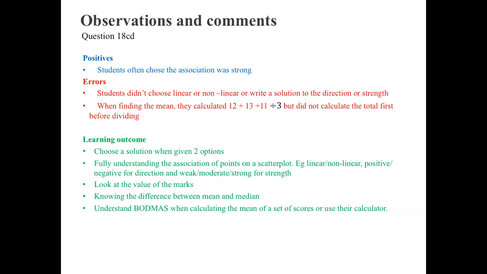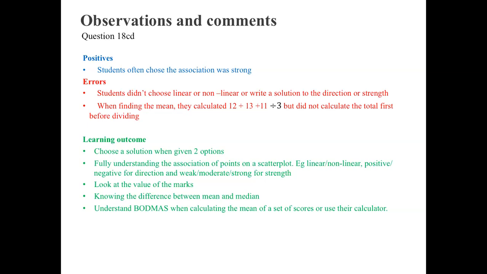In part D, where they had to find the mean, they did look at the 3 numbers, add them and divide by 3, but they did not calculate the total first before dividing by 3, so therefore it gave an incorrect answer. They didn't put any brackets or use their fraction button on the calculator. So we need to make sure that our kids are reading the questions carefully.